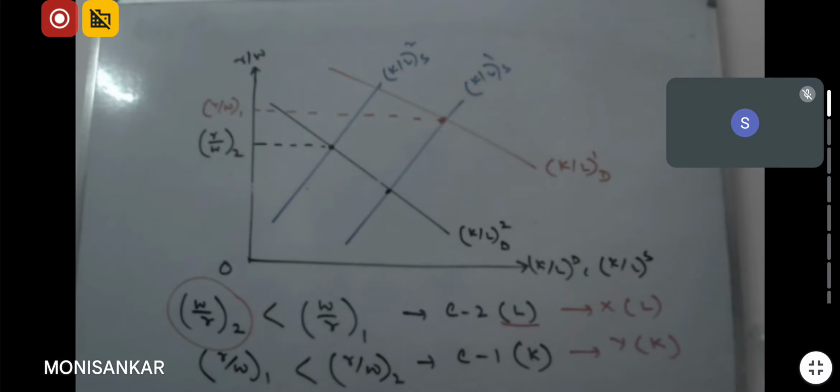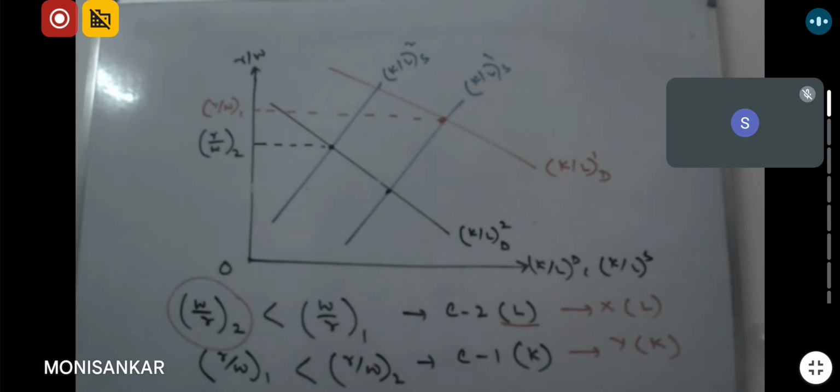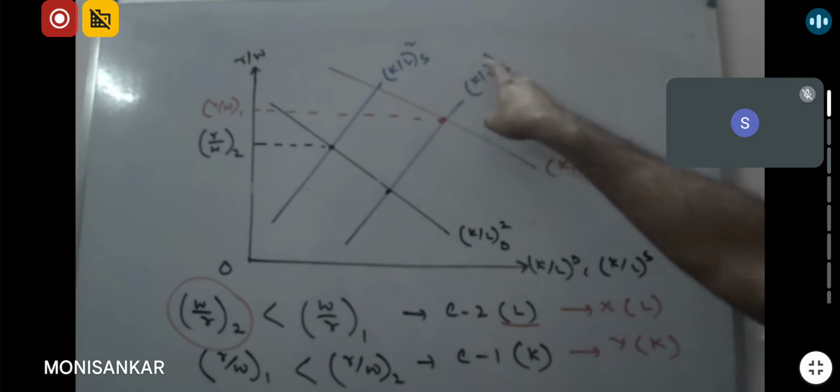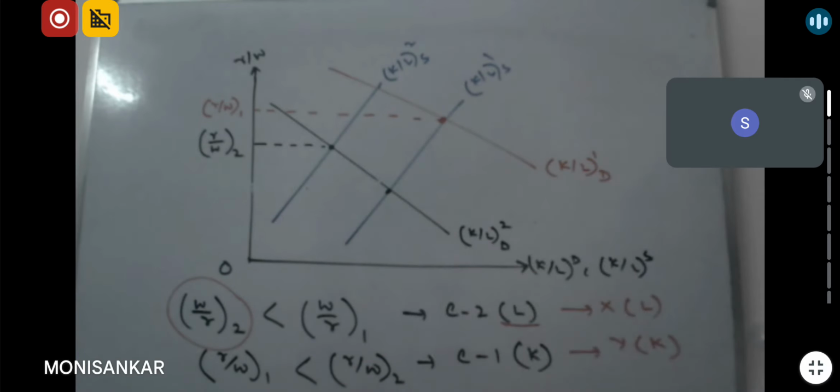Up to this, is it clear? Before this we said that K by L greater means the country is abundant in capital, so the country can easily specialize in capital intensive goods. I proved this at the end. But here the supply of K by L is greater in country 1, but look, the capital is relatively expensive in country 1.